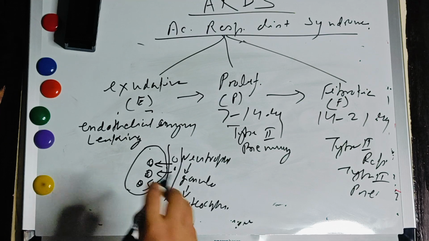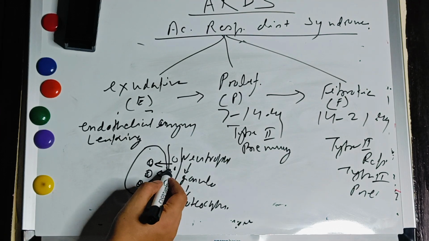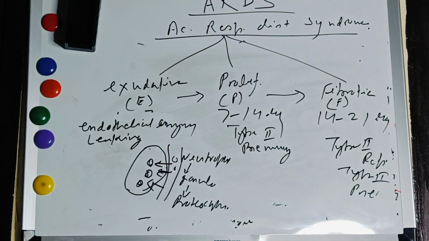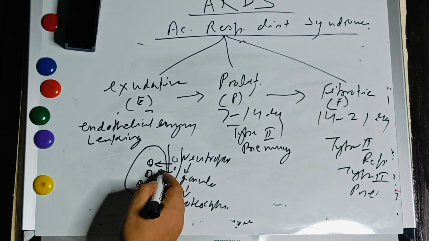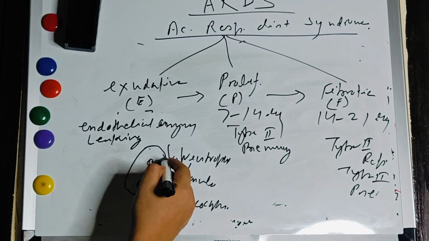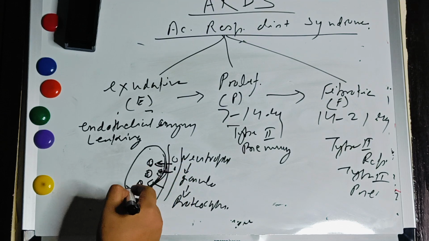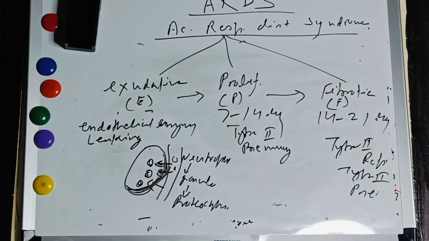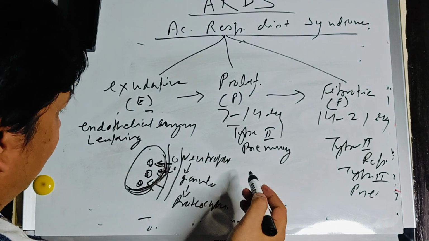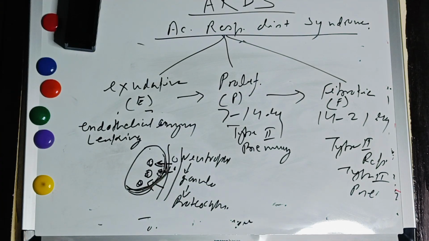Also RBCs cross here, and because of hydrostatic pressure the fluid gets accumulated here. So there is hyaline membrane formation. This is primarily the exudative phase pathology, and this will later on go into the proliferative phase.